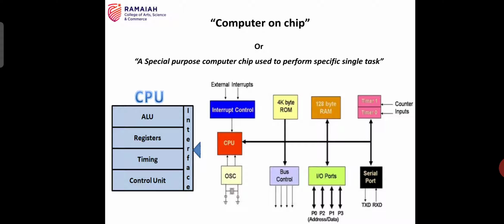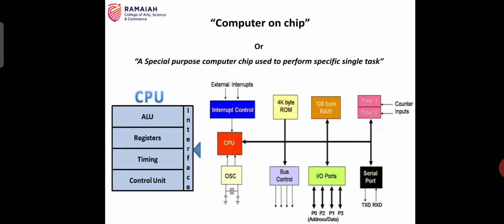Here you can see the CPU is the central part of this microcontroller, hence it is called a computer. Why do we call this microcontroller a computer? Because it has all the peripheral devices including the CPU. The CPU is nothing but a microprocessor. It has ALU, register units, timing and control unit, and interfacing units.